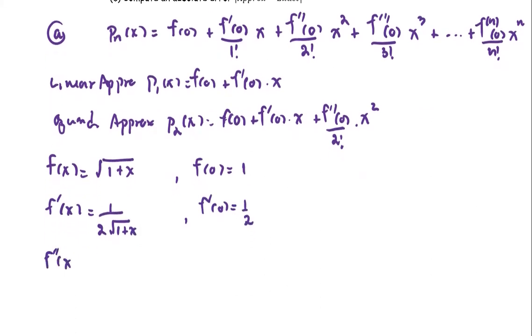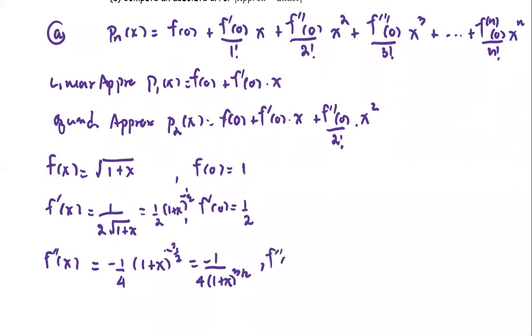The second derivative, from the derivative of 1 half times 1 plus x to the power negative 1 half, we get negative 1 over 4 times 1 plus x to the power negative 3 halves, or negative 1 over 4 multiplied by 1 plus x to the power 3 halves. So then the second derivative at 0 is negative 1 over 4.